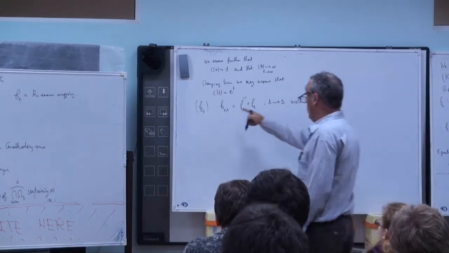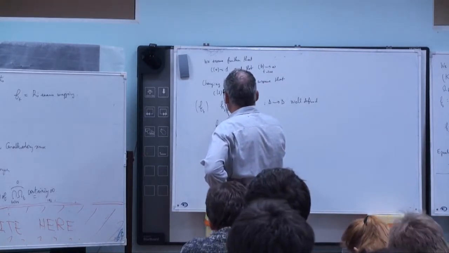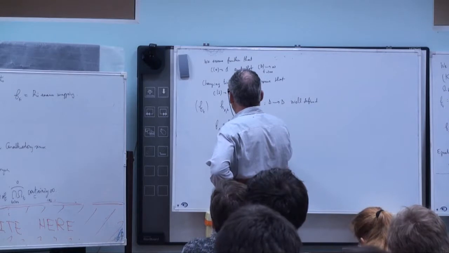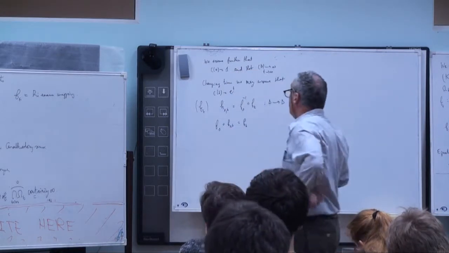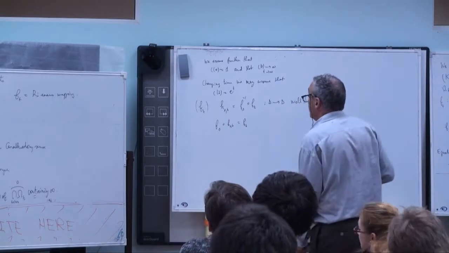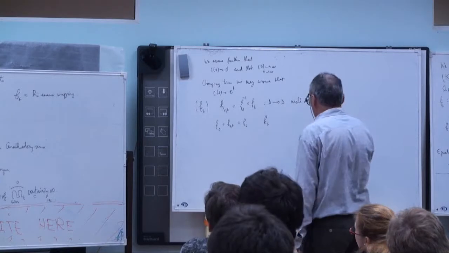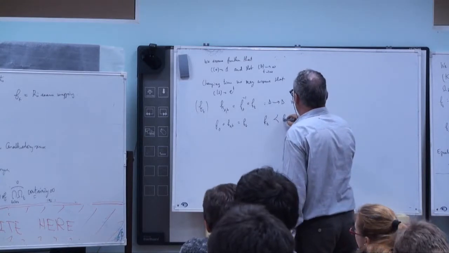We write f_s composed with h_st is equal to f_t. So f_t is f_s composed with something, and we say that f_t is subordinated to f_s.